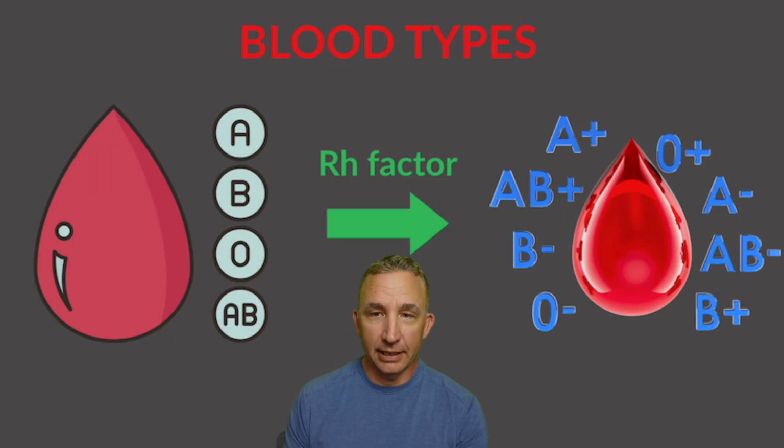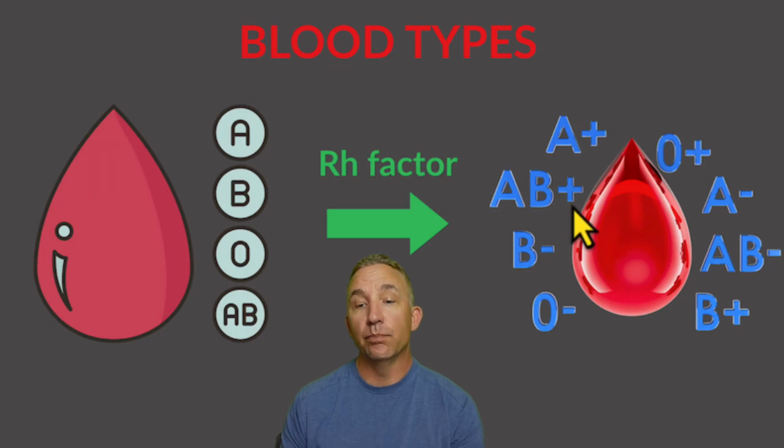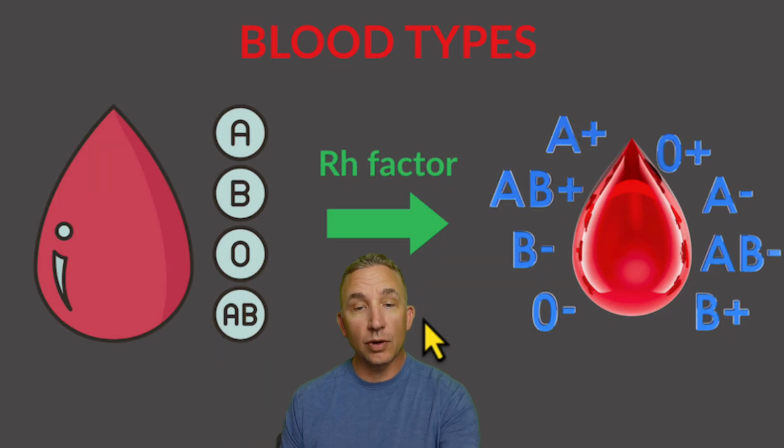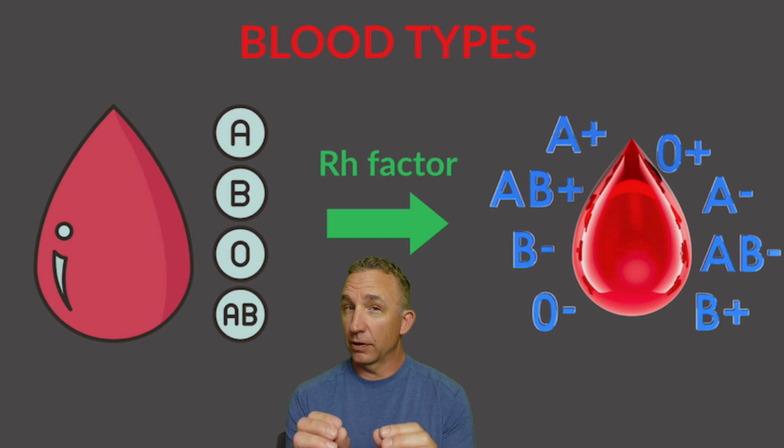When we describe how we can donate, the negative can only receive the negative, but the positive, we've determined, can receive both positive and negative. Again, it's based on the antigens and the antibodies. When we look at what's a universal donor, it's because there are no antigens for an O negative.